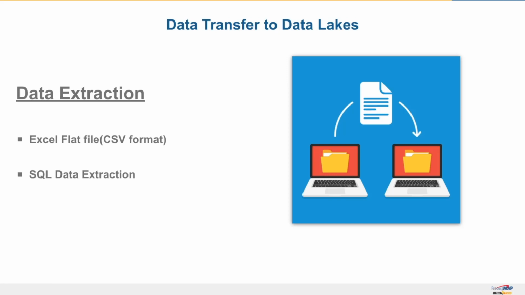And we are providing this in two ways: the standard Excel CSV flat file way, and the second option is the SQL data extract. The first option, the Excel flat file way, in which we would be placing or would be transferring this Excel flat file to your existing SFTP site.